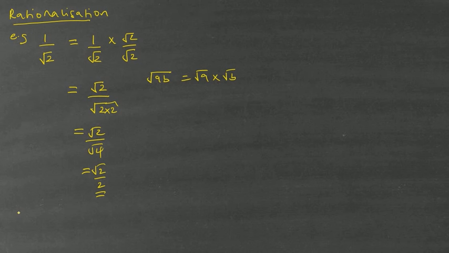Maybe another example. When you have, for example, the square root of 1 over 3, we know this square root is shared by the numerator and the denominator, so this is the same as square root of 1 over square root of 3, which is equal to 1 over square root of 3. Now, to rationalize, multiply by what is in the denominator, which is root 3, in the numerator and also in the denominator.